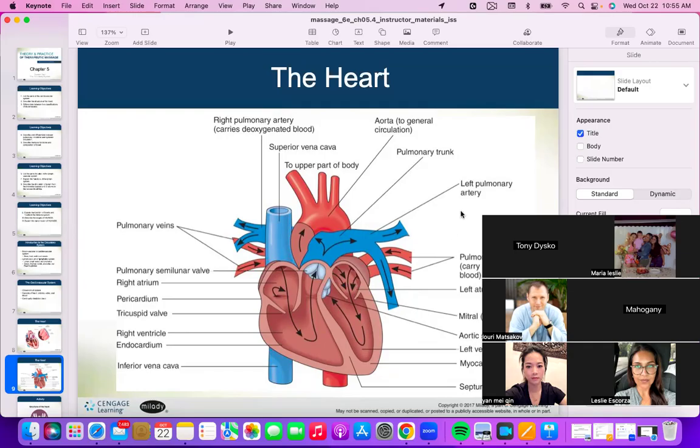So the blood comes in through the heart and then out of the heart, let's say on the left side, in and out, and the same happens with the right side, in and out. And in between, you can see that there are valves right here.